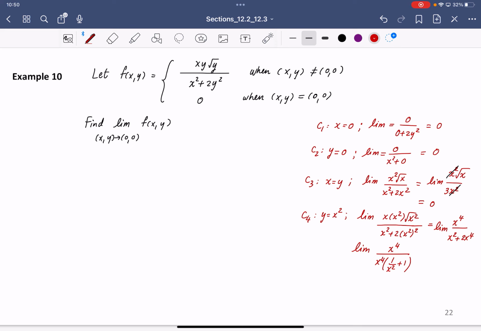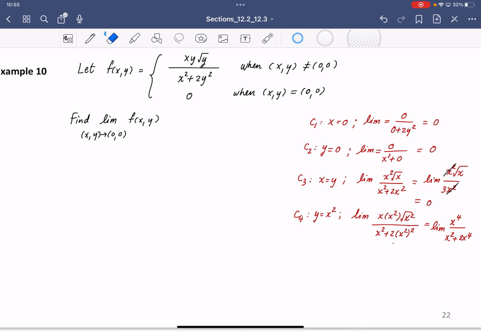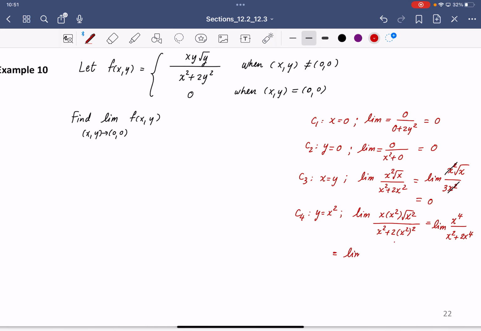No, because it becomes 0 over 0 now. Let me double check the function here. What we can do is move x to the 4th to the bottom part first.